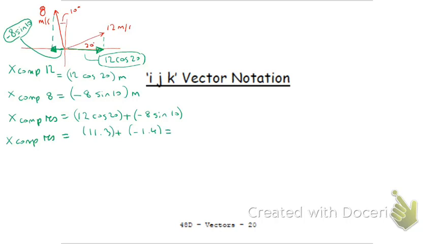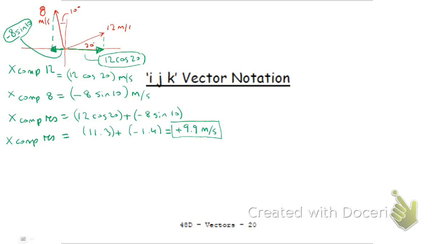This is going to equal 11.3 minus 1.4, which is 9.9, positive 9.9 meters per second. There's one part of the answer.